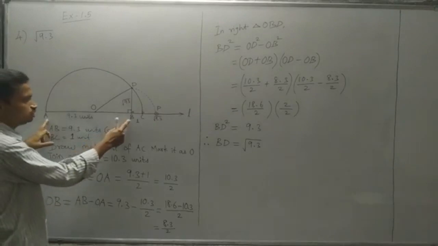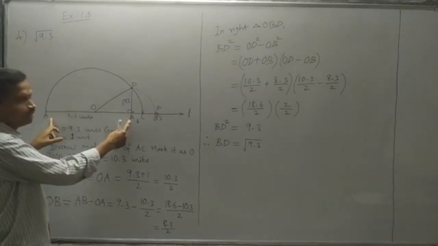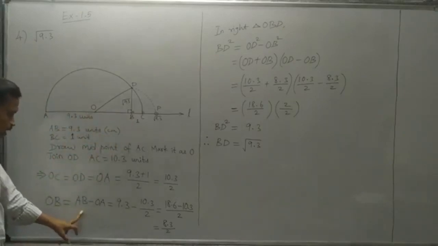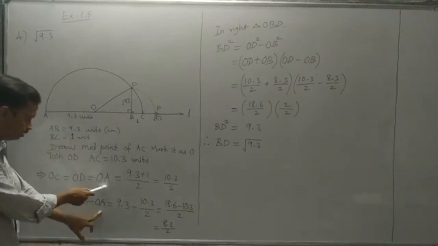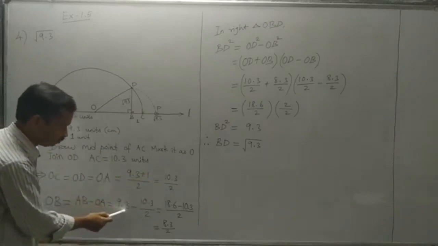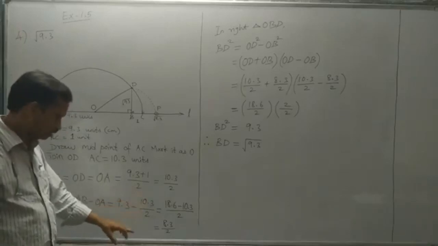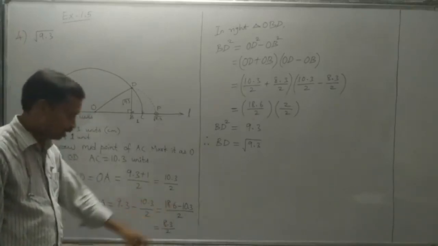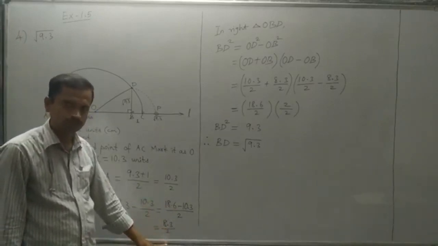AB is 9.3 and OA is 10.3 by 2. So 9.3 minus 10.3 by 2, taking LCM, becomes 18.6 minus 10.3 whole divided by 2, and you get 8.3 by 2.